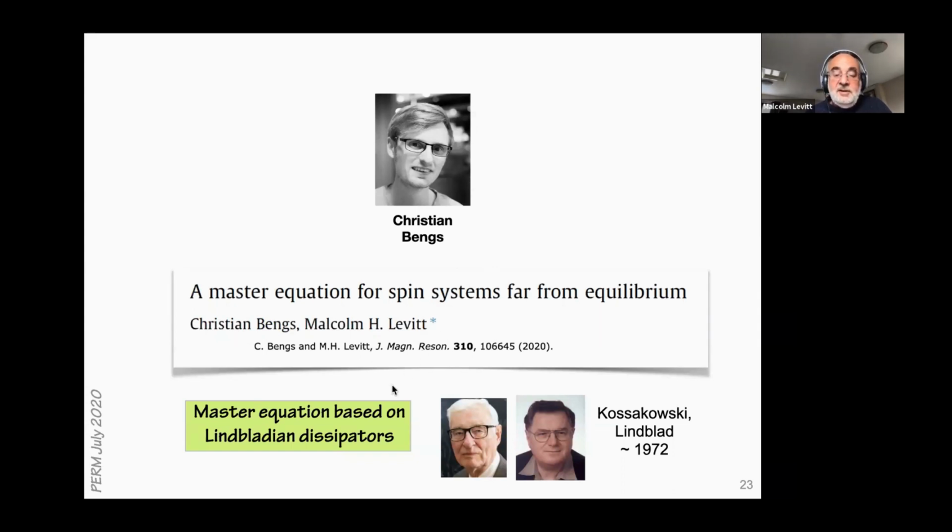But this new type of formalism, or let's say a reworking of an old formalism, because this is very well known to people in open quantum theory, but adapted for NMR purposes, is one of the better ways of doing that. So I'd just like to publicize that piece of work.